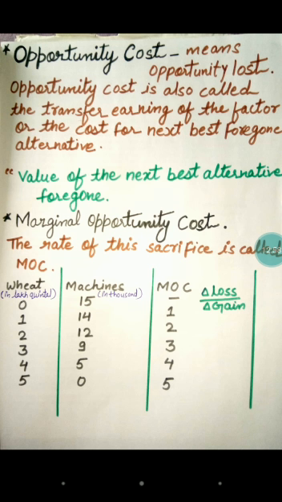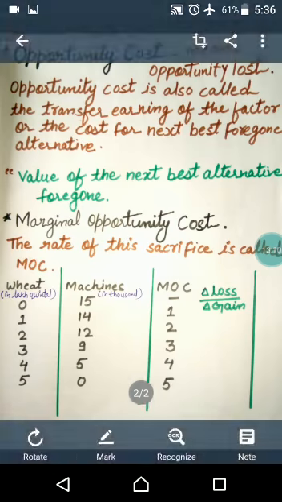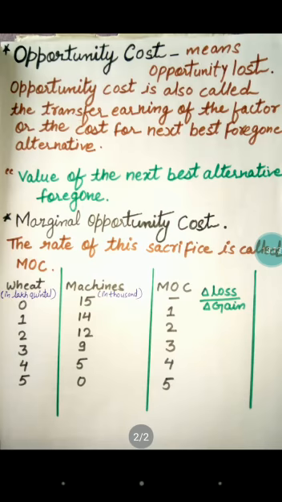If we want to increase the production of wheat, we have to decrease the production of machinery. So to produce 1 lakh quintal wheat, we move from 15,000 to 14,000 machinery. Again, to increase wheat from 1 lakh quintal to 2 lakh quintal, we have to sacrifice the production of machinery, so we move from 14,000 to 12,000.